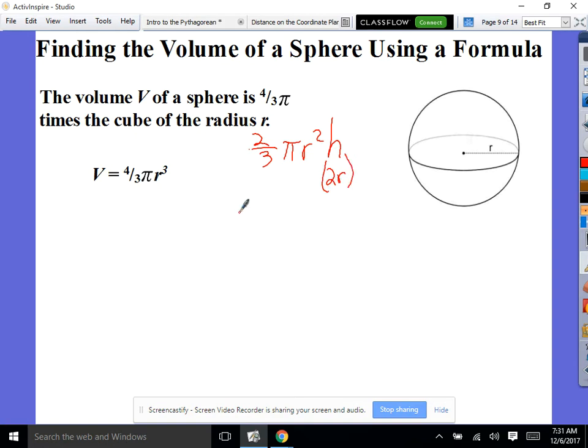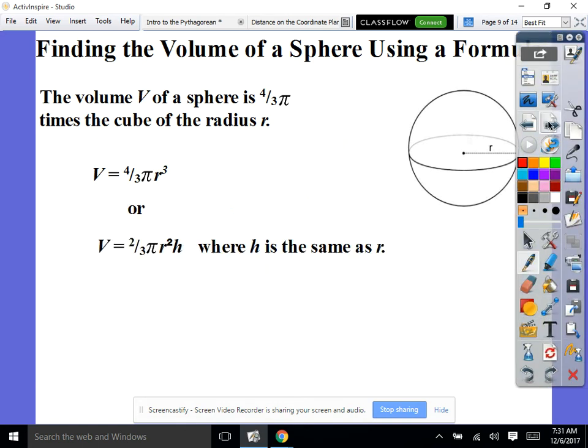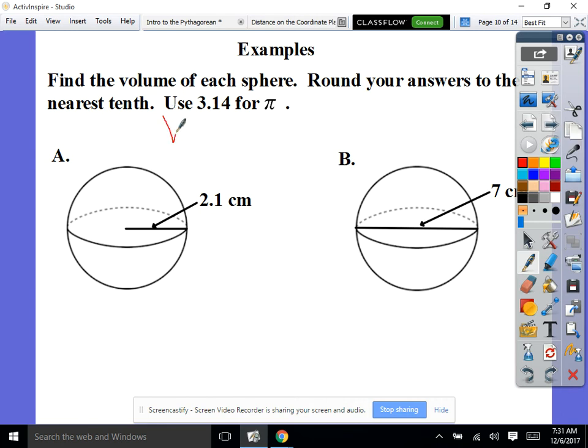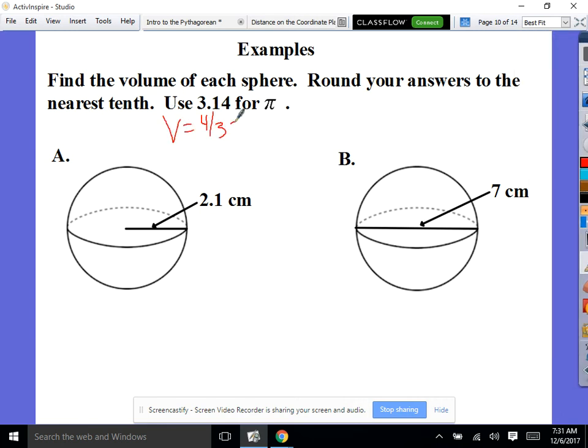So that would be 2 times r times 2/3 times pi times r squared. We can put our numbers together. 2 times 2/3 is 4/3. Put our variables together. R times r squared is r cubed. So that's where our formula comes from, 4/3 pi r cubed. So volume equals 4/3 pi r cubed.